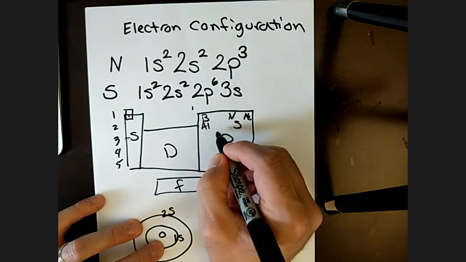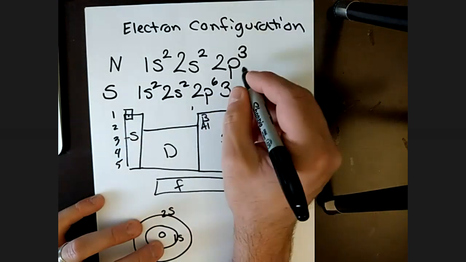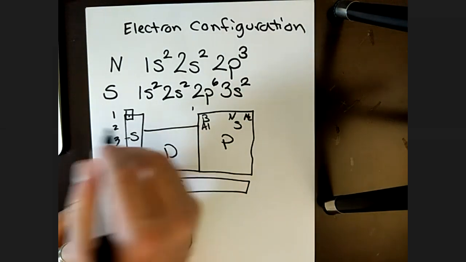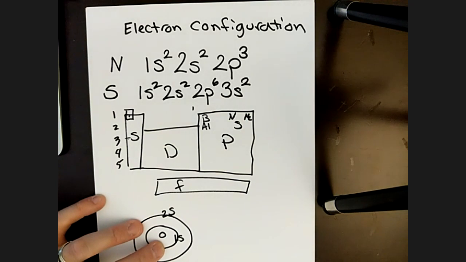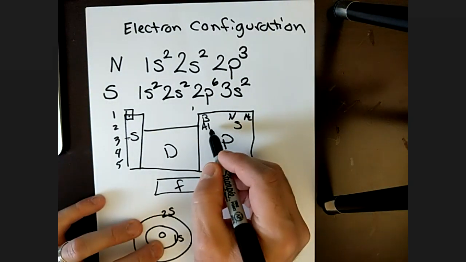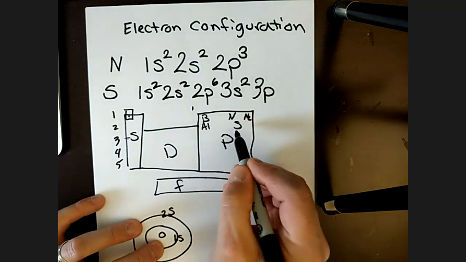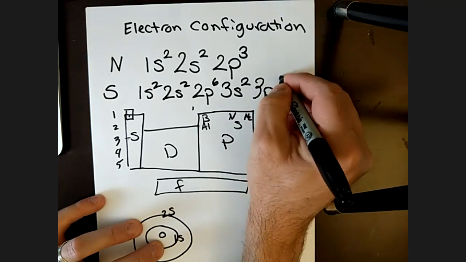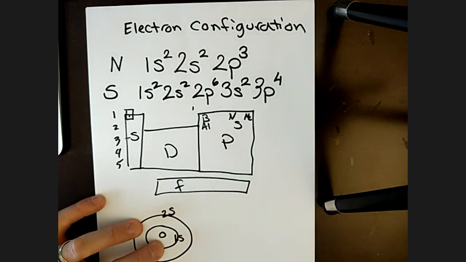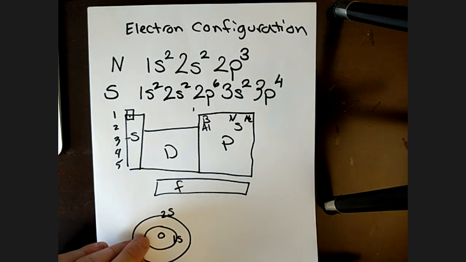I forgot my 3s2, which took care of my 2 electrons there. And then over to my 3p, and then we count over to sulfur. So sulfur is the 4th electron in 3p. This would be the electron configuration for nitrogen and sulfur.